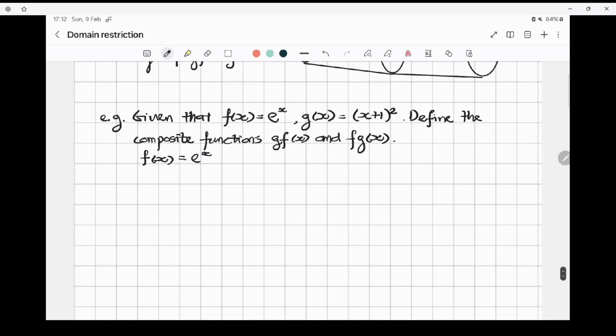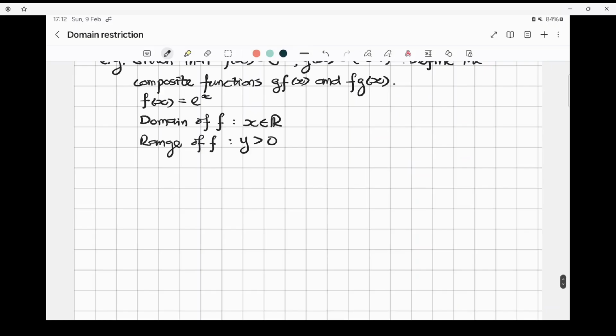We all know that the domain would be the set of all real numbers, and the range would be just y greater than 0. So this is the largest possible domain and its corresponding range for f of x.